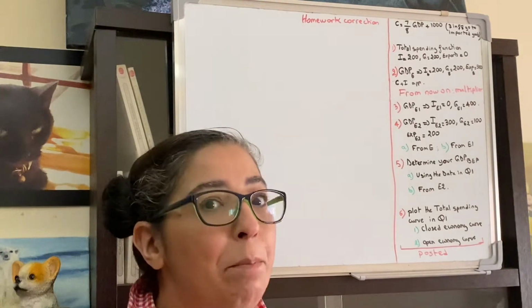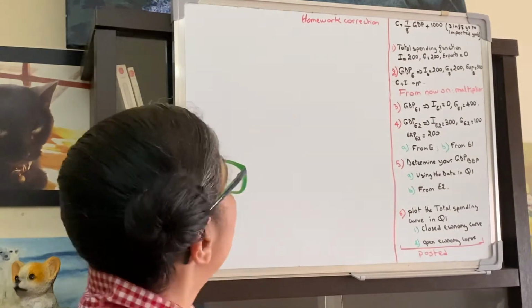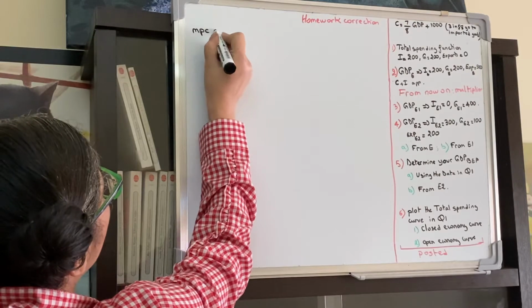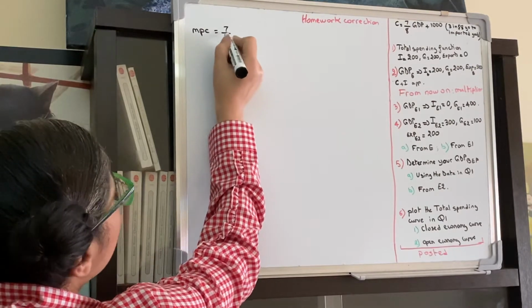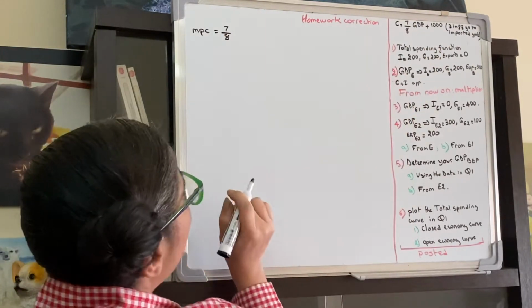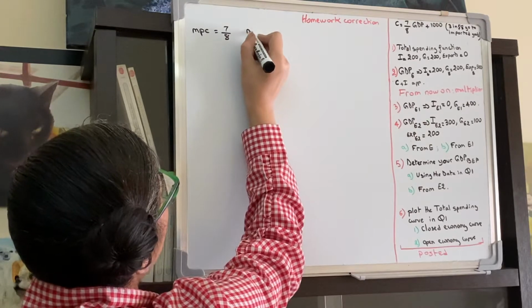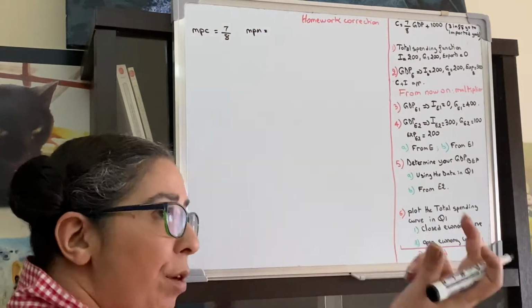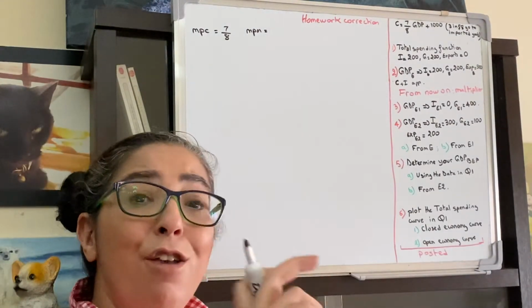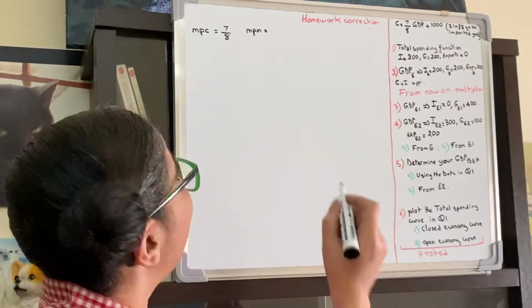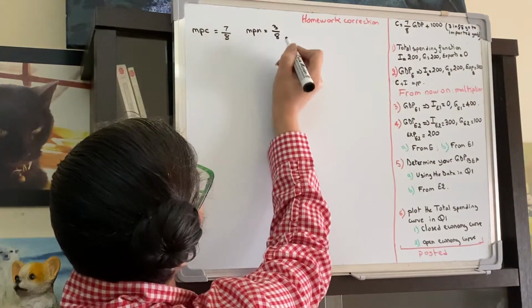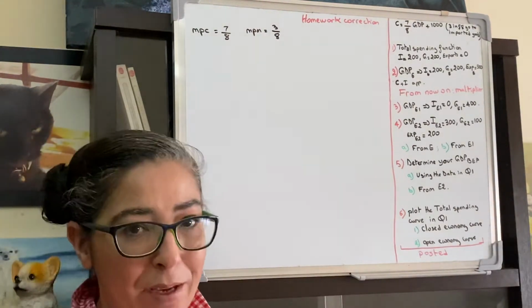That means my MPM is, so I'm going to put my data here. MPC was 7 over 8, I know it's the slope of the consumption function. And MPM is equal to 3 in 8, that would be 3 over 8.